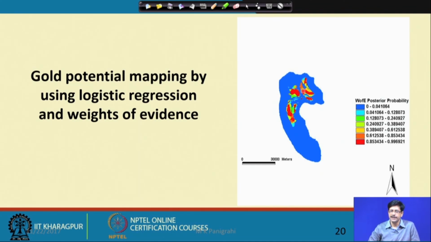by using the calculation of the posterior probability by using the weight of evidence, and similarly the same thing could be done by using a logistic regression, where, as we just introduced, the dependent variable is representing two states, whether present or absent. Not getting into much detail of the analysis, this kind of mineral potential map could be produced.